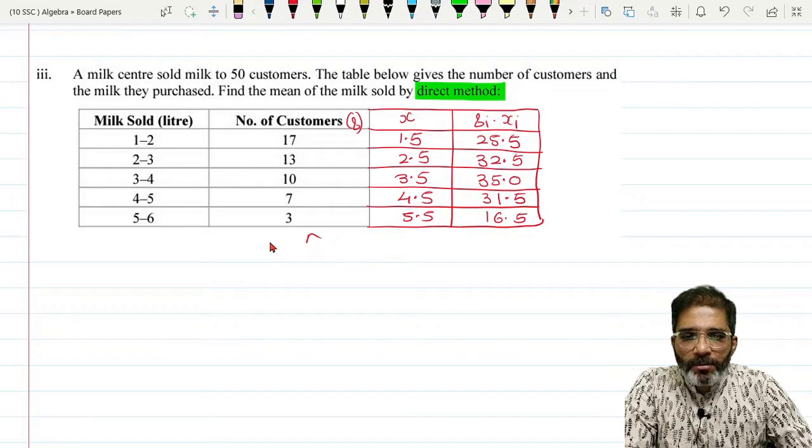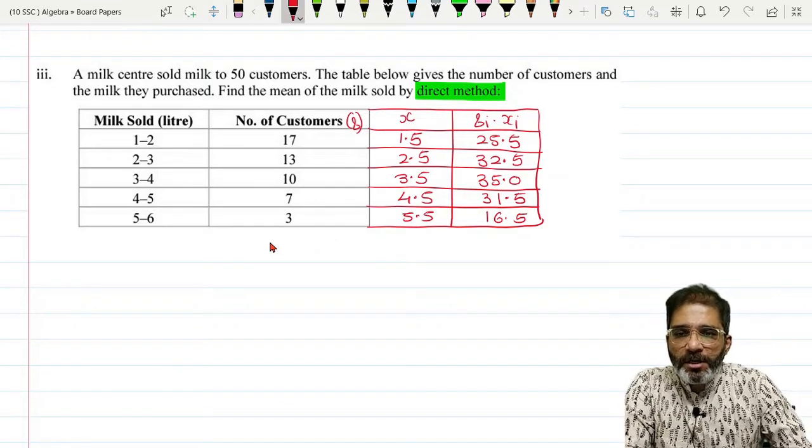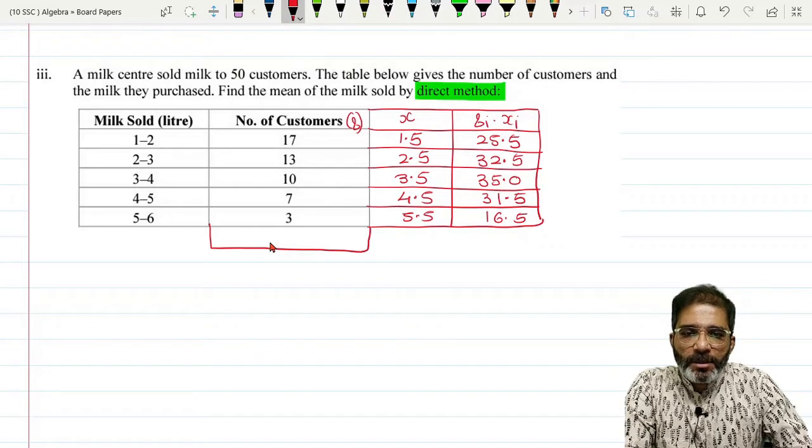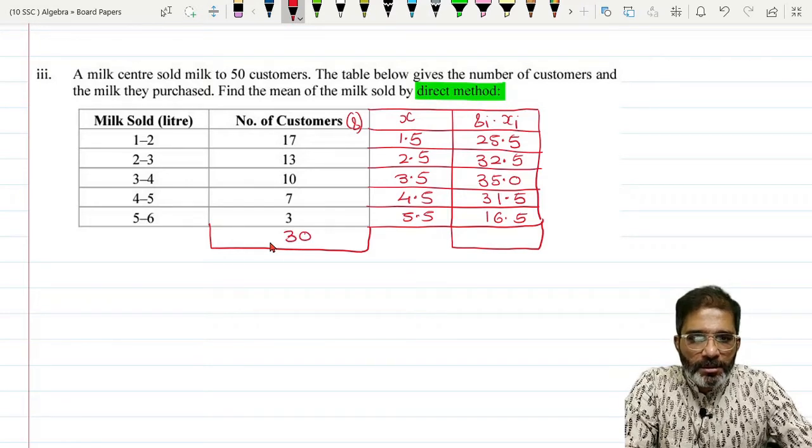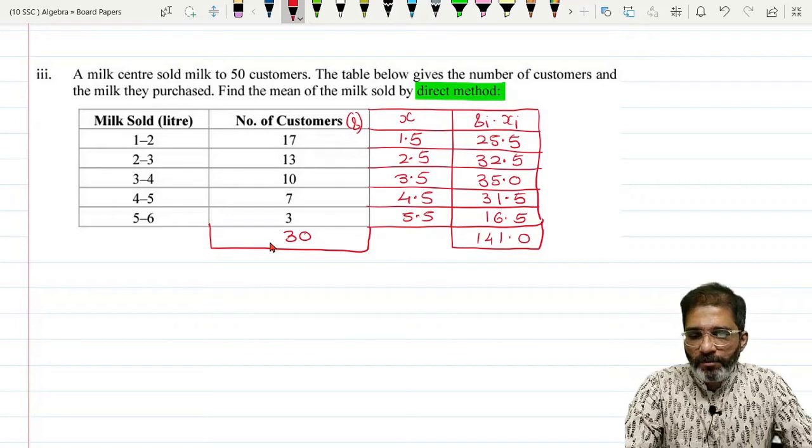Okay, now for direct method we need the total of the frequency and the total of fi xi. So the total of frequency is 30 and here the total is 141.